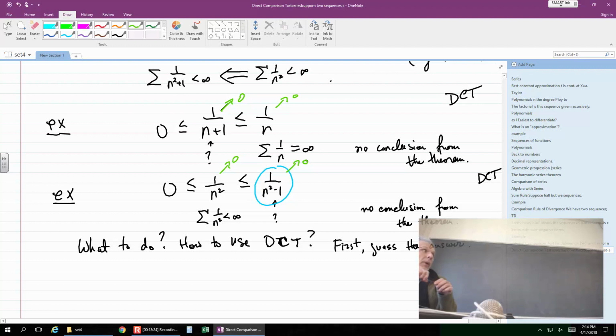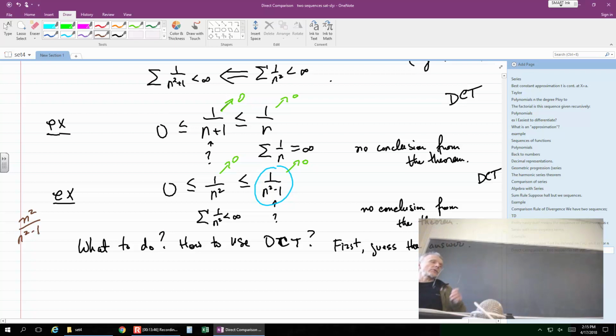This should remind you of limits. How about horizontal asymptotes? When you have two polynomials and you divide them by each other, say, what if I have n squared divided by n squared minus 1?